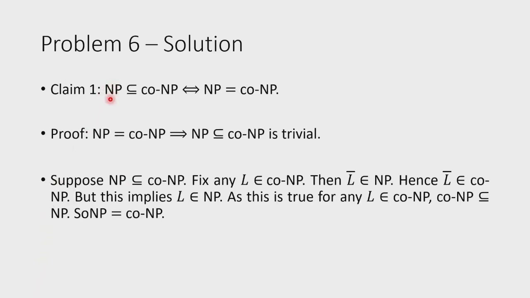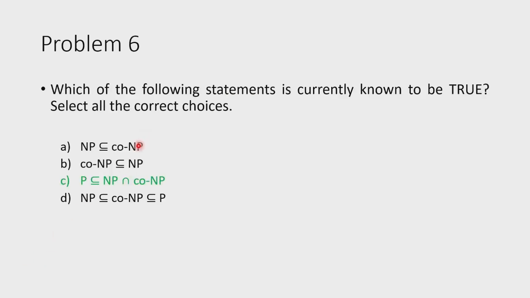The first thing that we'll prove is this: NP is contained in co-NP if and only if NP equals co-NP. This would immediately imply that we don't know that the first option is true. Why?